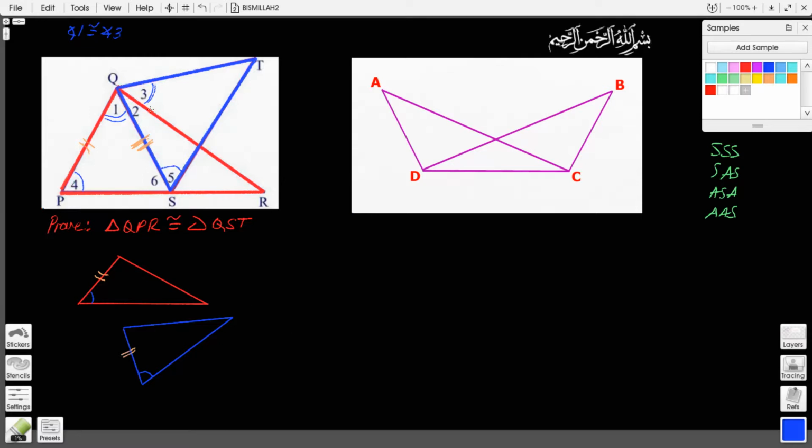And then what? Well, I'm given 1 is congruent to 3. If angle 1 is indeed congruent to angle 3, wouldn't you say that angle 1 plus angle 2 is congruent to angle 3 plus angle 2? Angle 1 plus angle 2 is this, and angle 3 plus angle 2 is this big blue angle over here.